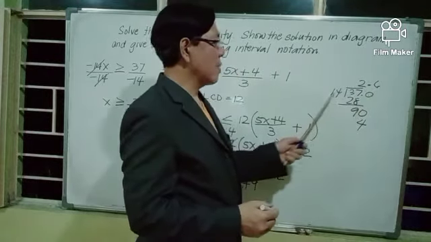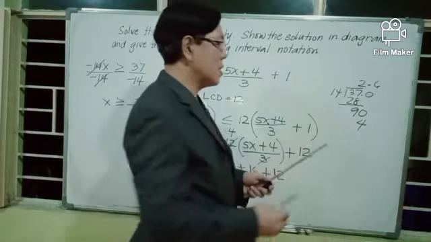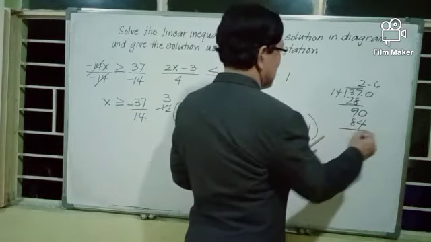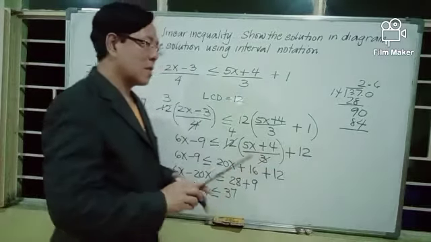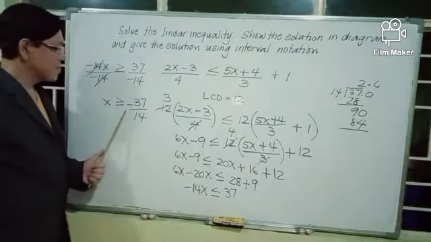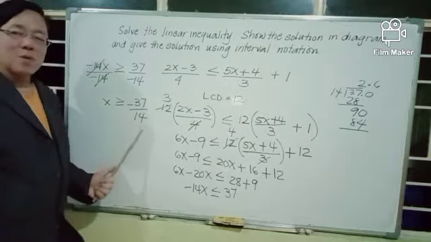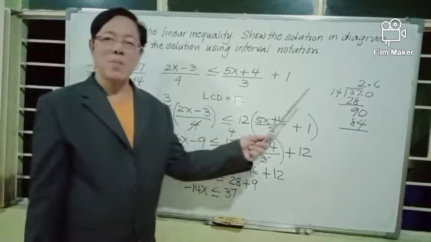And 6 multiplied by 1 is 6 plus 2 is 8. Okay, we stop at 2.6. Hence, negative 37 over 14 is approximately negative 2.6.